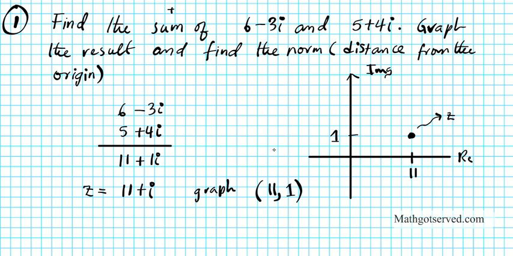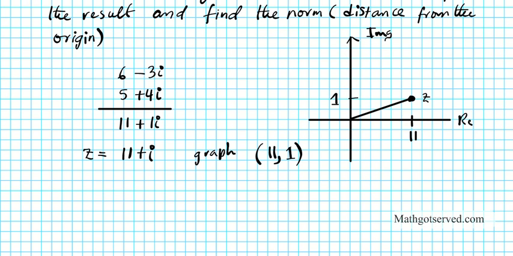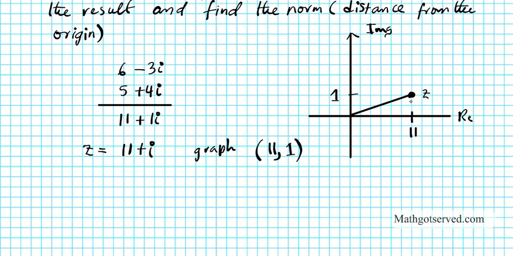Now the other thing I was asked to find is the norm, or the distance from the origin. Let me just put a z right here. I was asked to find the distance from the origin, or the norm, and that is basically this distance right here. How far is this point from the origin? This is the origin. How long is this? To find that, we're going to use the Pythagorean theorem.